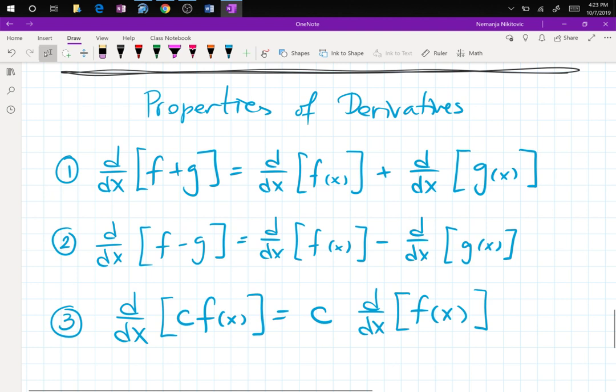The first two simply state that each term in the differentiation is to be done separately. And then the third one says if there is a constant in front of the function bothering you, just kick it out. And then whenever you find the derivative, multiply by that constant.